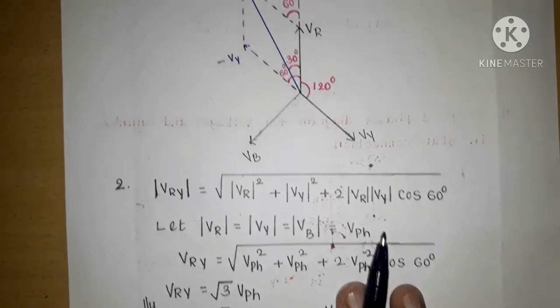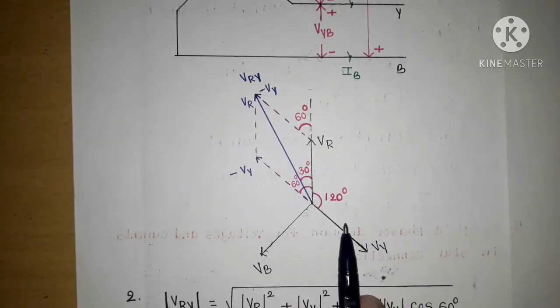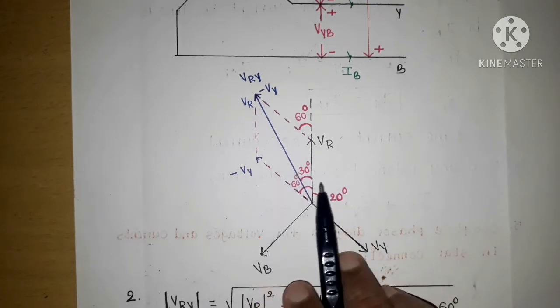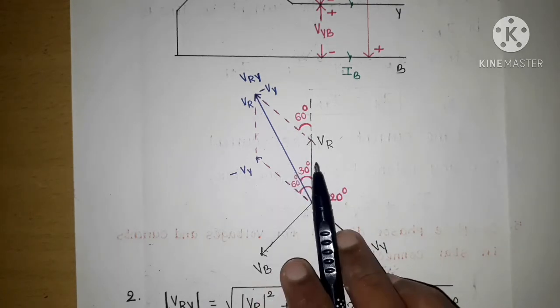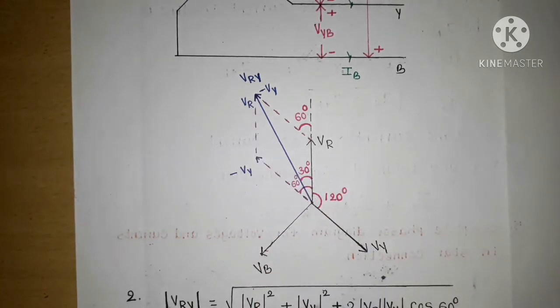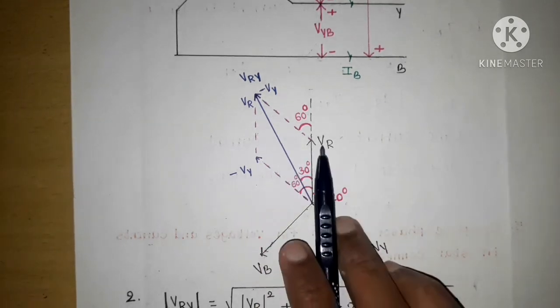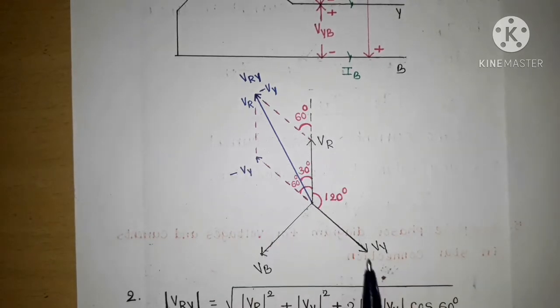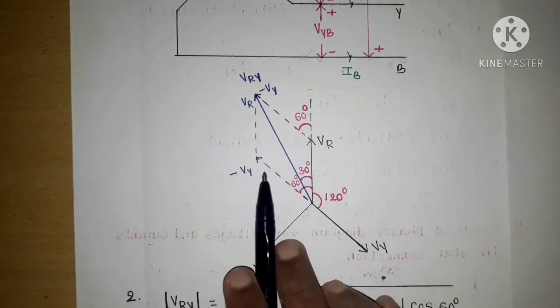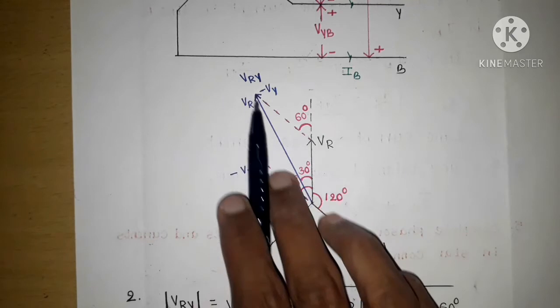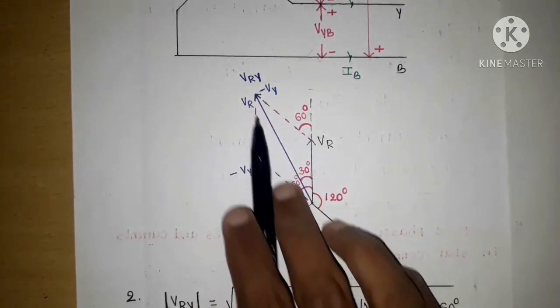Here the angle between VR and VY is 120 degrees, and between VR and minus VY is 60 degrees. VRY is nothing but VR minus VY. The opposite side of VY is minus VY, so VR minus VY, the resultant, is VRY.